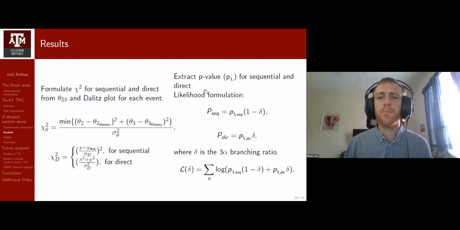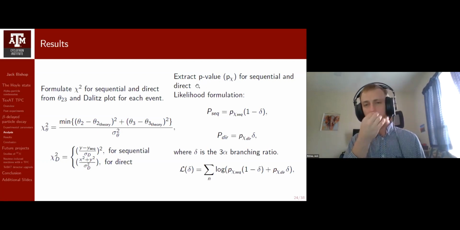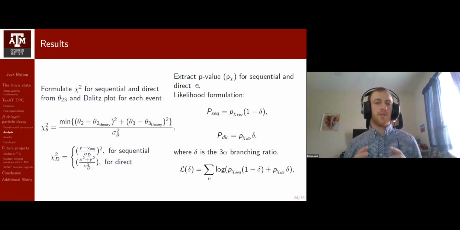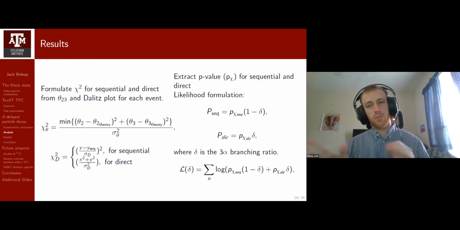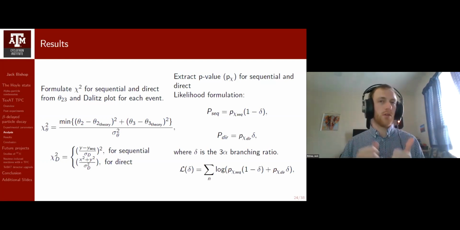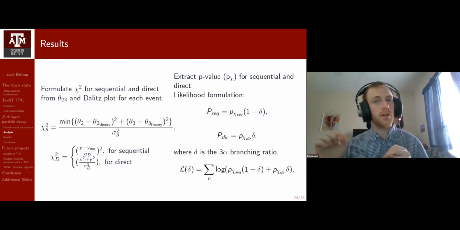The final piece of our puzzle is using a piece of Bayesian inference. We have a very, very small direct decay branching ratio. So if we have one particular event, which we're not quite sure whether it's sequential or direct, it's much more likely that it's going to be an unusual looking sequential decay than a normal looking direct decay.